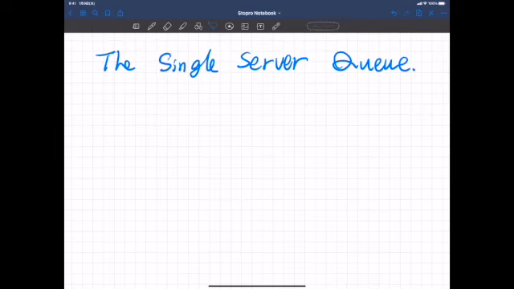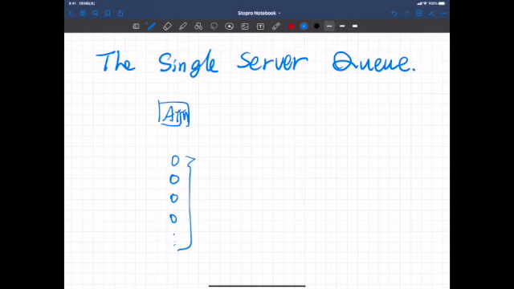Now consider the problem of a single server queue. So let's say there's one ATM and not multiple servers, only one server. And there are customers. Let's say we model the number of customers in the queue, including the one being served.